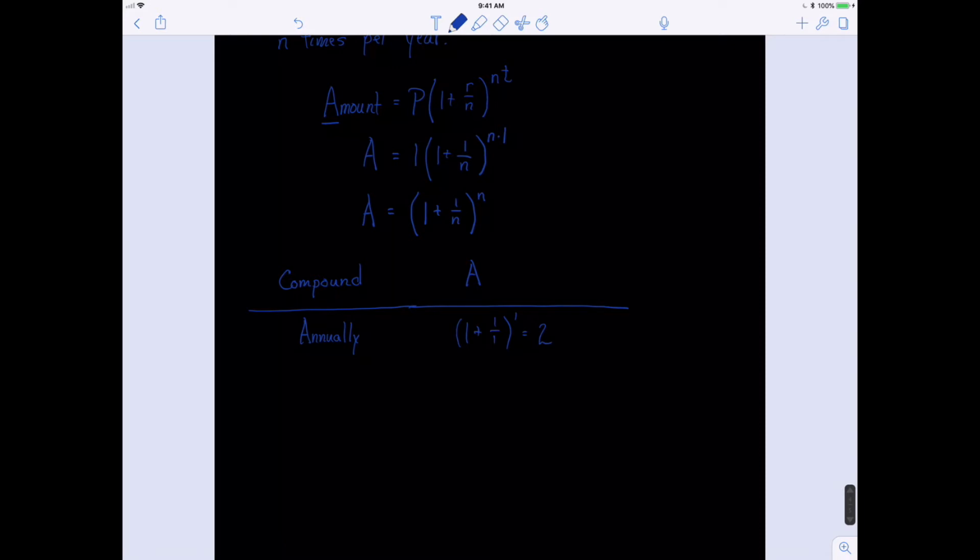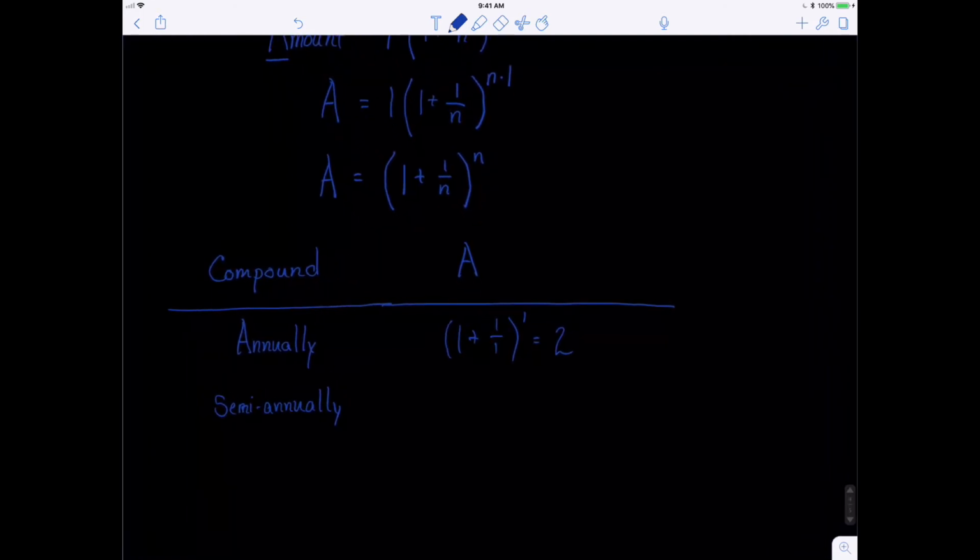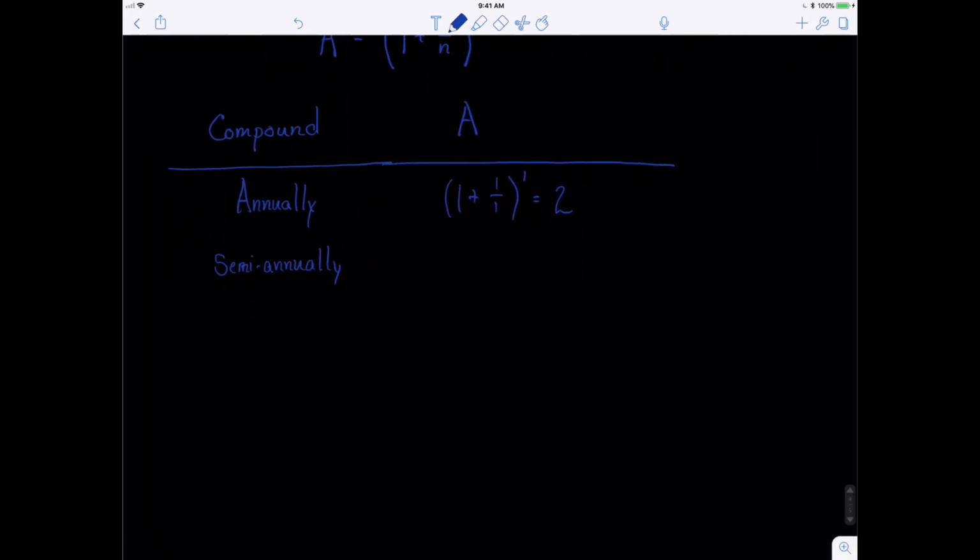Now, let's compound it semi-annually, meaning twice a year. So if I compound semi-annually, this is going to be 1 plus 1 divided by 2, raised to the second power.